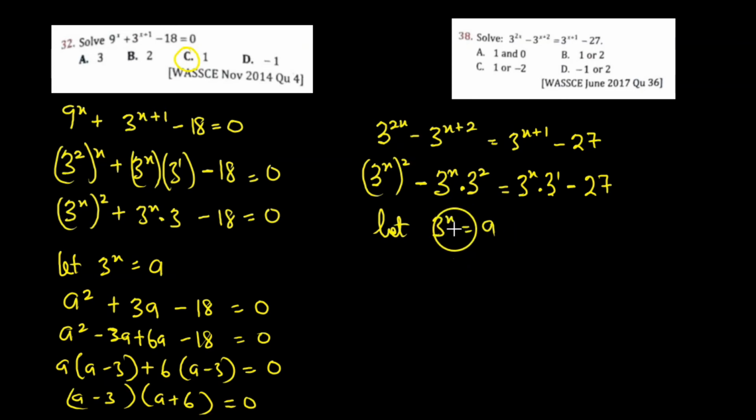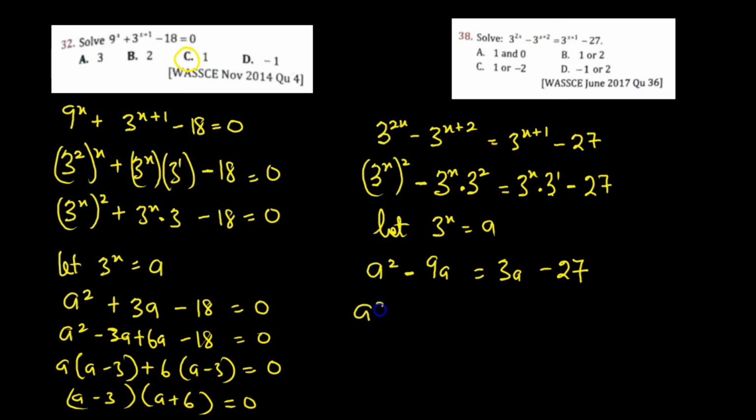Hence, we have a squared minus 3 squared, which is actually 9, so 9 multiplying a gives us 9a, equal to 3 to the power 1, which is 3, multiplying 3 to the power x, which we replace with a, giving us 3a, and then minus 27. In this situation too, we have a quadratic equation to solve, and for every quadratic equation, you must equate the whole statement to 0.